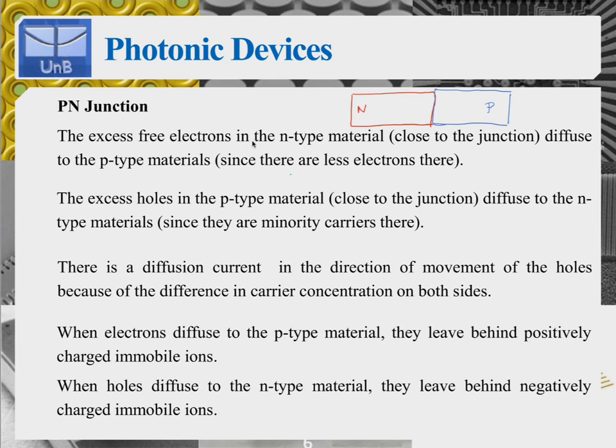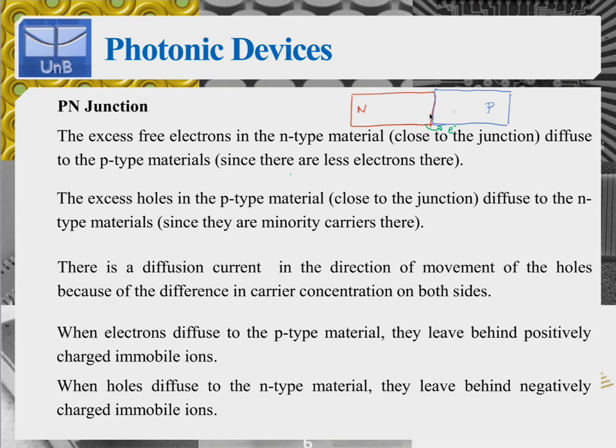So the excess free electrons in the n-type material diffuse, and this happens in the region close to the junction itself. They diffuse to the p-type material because the electrons are in excess in here and there are few electrons in here. So by simple diffusion the electrons will move from the n-type material to the p-type material.